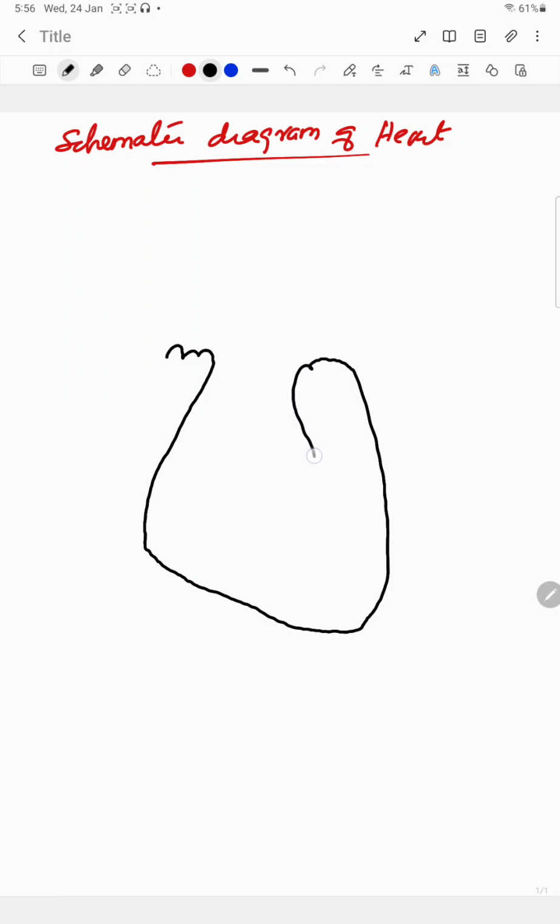See, start from like this, from here, you draw like that, then come this way, go like this, here it is. Then from here, join this one and start from here.